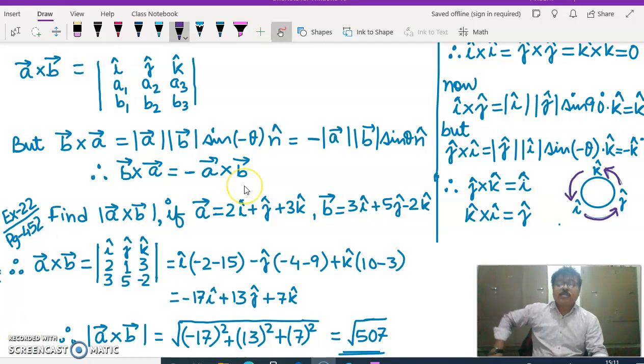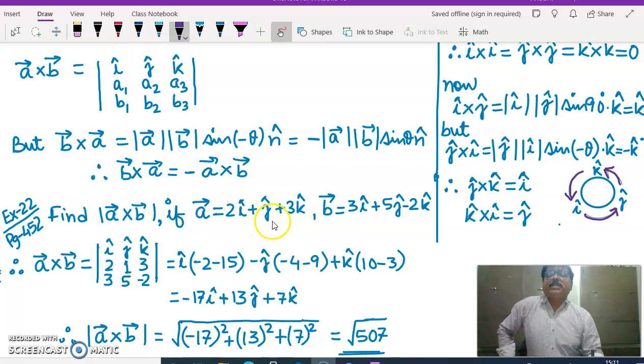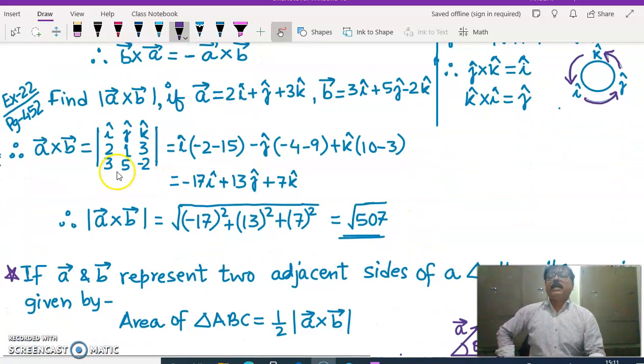This can be understood more easily with the help of example 22 on page 452, where we are supposed to find modulus of A cross B. If A vector is 2i cap plus j cap plus 3k cap, and B vector is 3i cap plus 5j cap minus 2k cap, so therefore A cross B will be the determinant with i j k. Components written: 2 1 3, 3 5 minus 2.